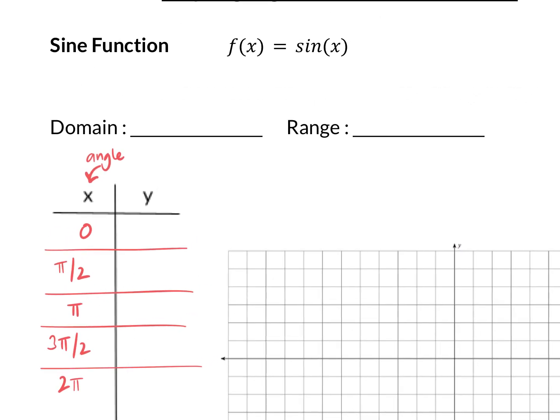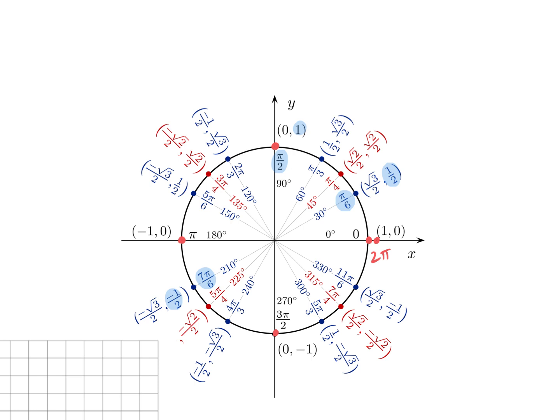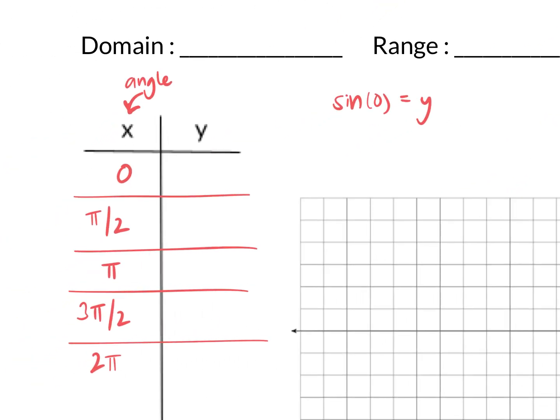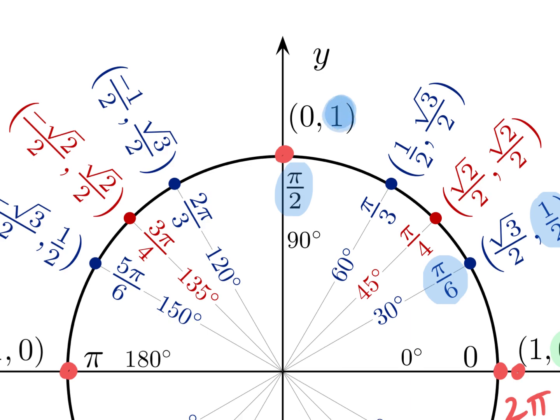Okay, and now if we plug in that x value into this function here, sine of 0 is my y value. So sine of 0, if I go back to my unit circle here, is going to be 0. We agree? If I go to pi over 2, sine of pi over 2 is 1.